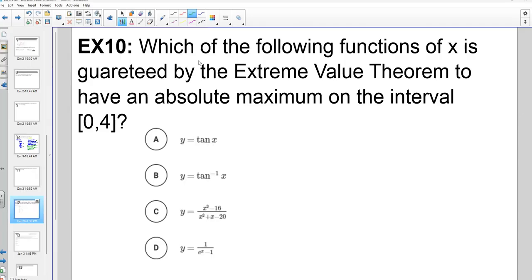That is because, what is the condition for the extreme value theorem? What has to be true? The graph has to be continuous, right? So, really, they could have just asked us which one of these is not continuous on that interval. So, if I think of tangent, tangent has a bunch of vertical asymptotes, right? Anybody remember where those vertical asymptotes are at?